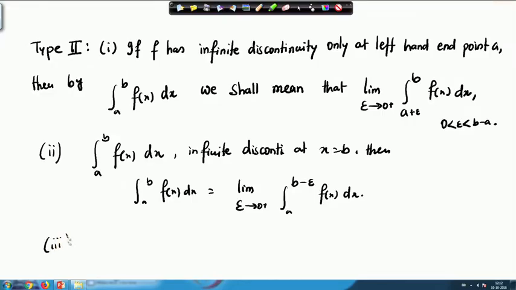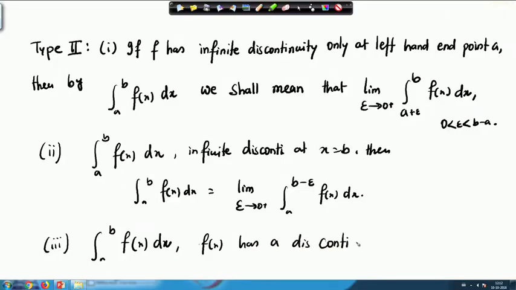another type would be, let's say we have an integral a to b f(x) dx. So within this interval f(x) has a discontinuity at x equals c.